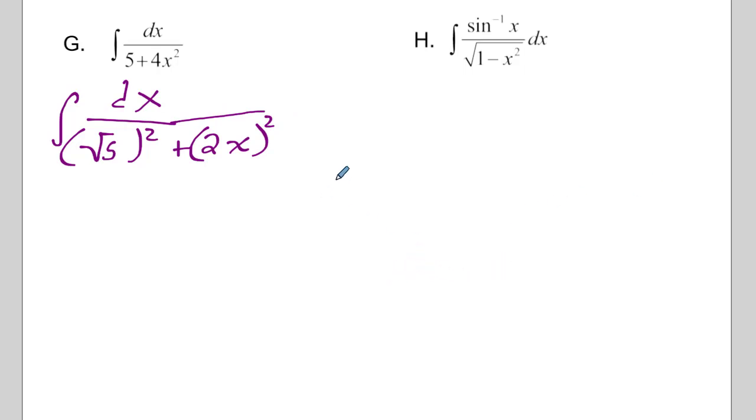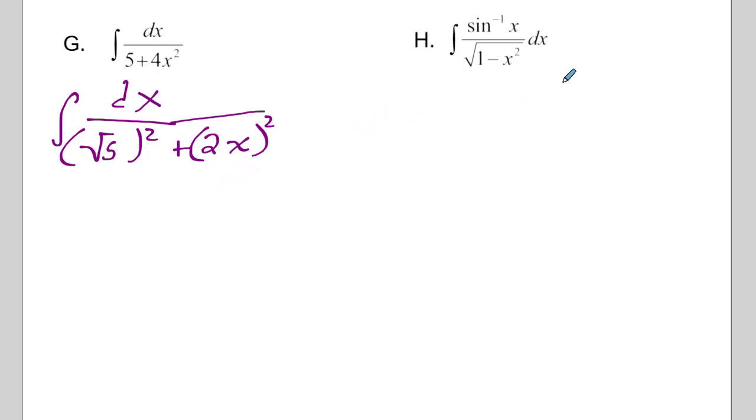Okay, so according to that pattern that we saw, this could be my a squared and this would be my u squared. We still have to do u substitution to make sure that we have the derivative present.